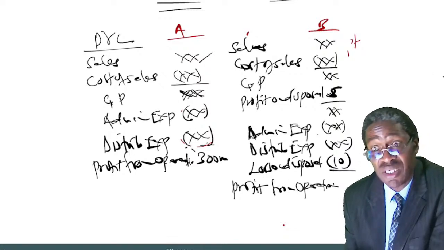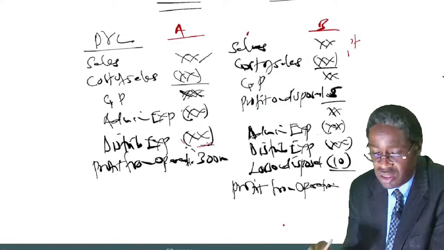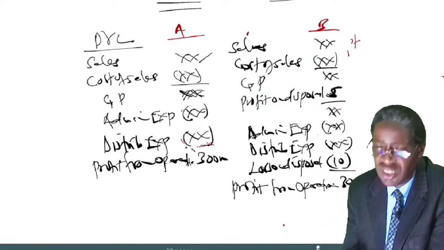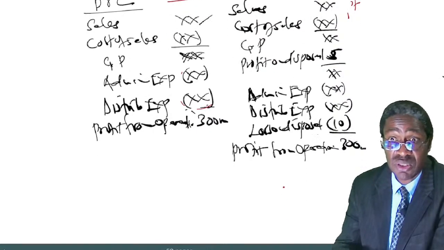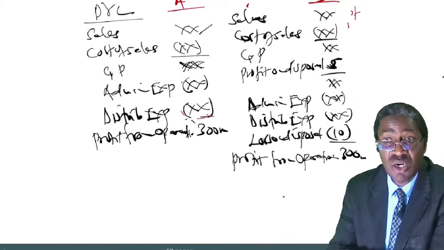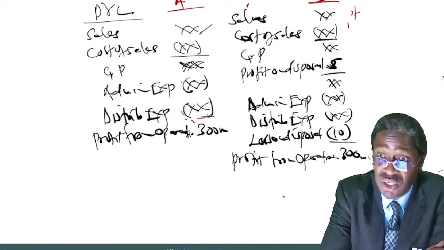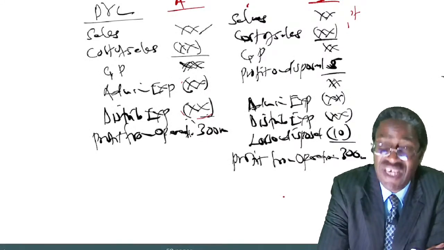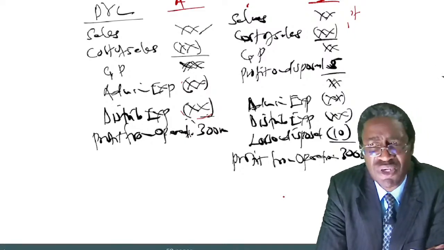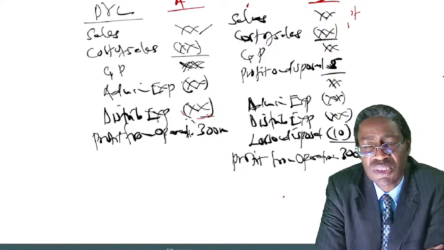Listen carefully. This second accountant also got the same 300 million as the profit from operations. So both of them got the same profit from operations. But their presentation of the income statement is different. Listen.